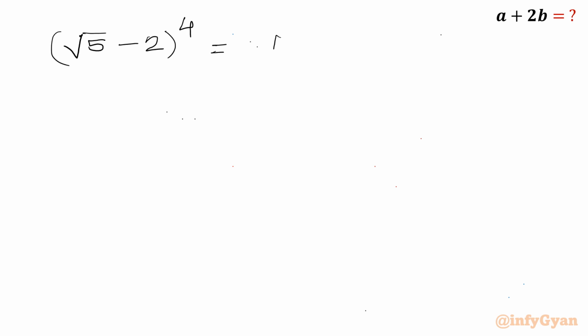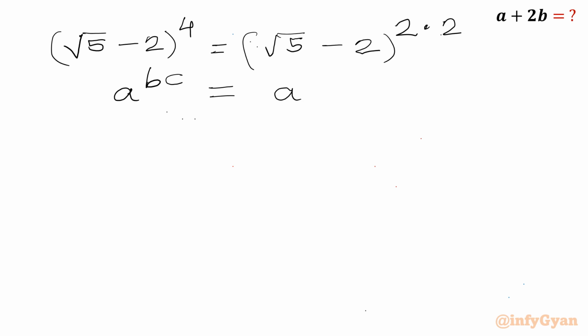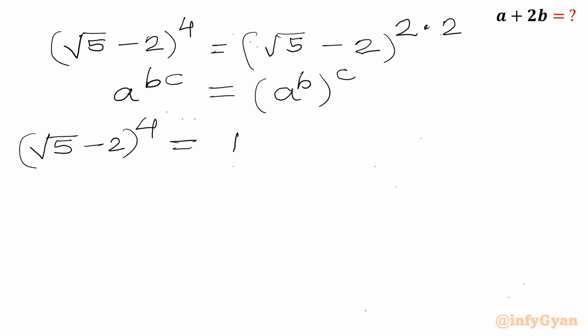We can write root 5 minus 2 whole power 2 times 2. Again we will use a power b times c. We can consider a power b whole power c. So root 5 minus 2 whole power 4 will be equal to root 5 minus 2 whole square and then whole square.